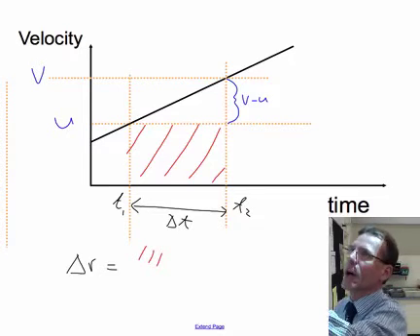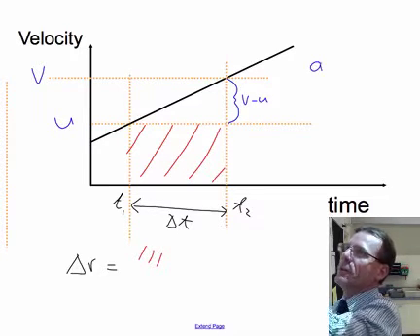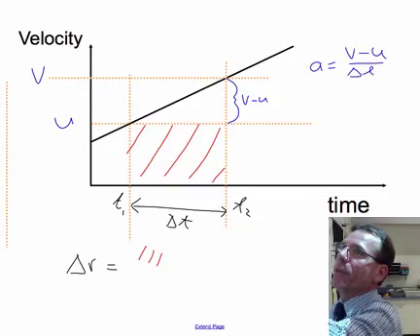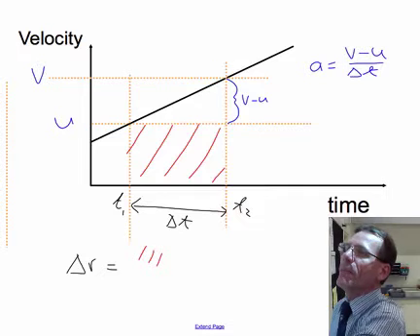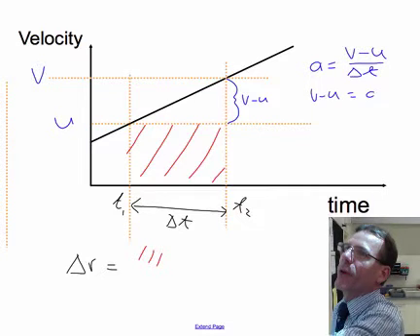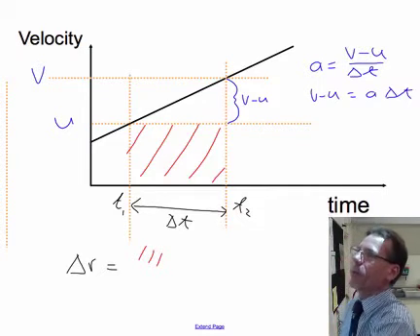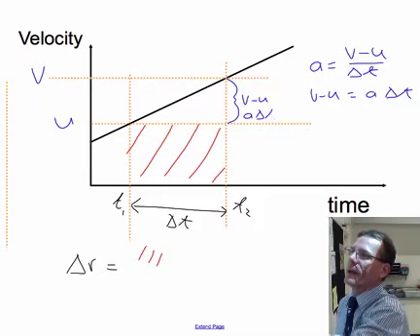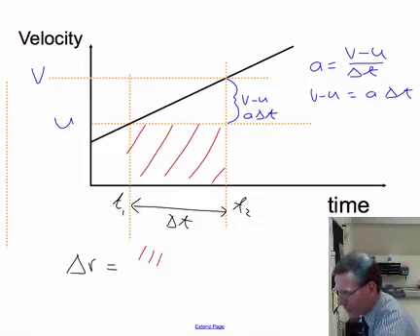Just as a bit of an aside, remember the acceleration formula is v minus u on delta t, and therefore v minus u equals a delta t. In other words, this height here is also a delta t. We'll bear that in mind for the moment.